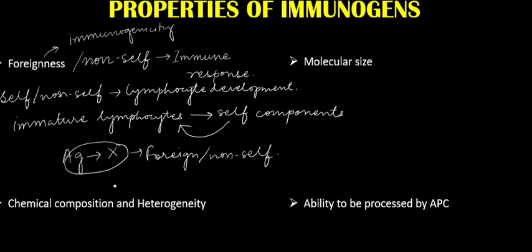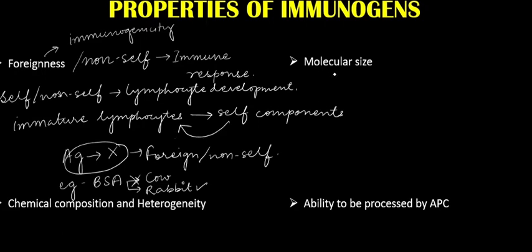The greater the phylogenetic distance between the species, the greater the structural disparities. For example, BSA is not immunogenic to cow, but it is immunogenic to rabbit. So that was all about foreignness.